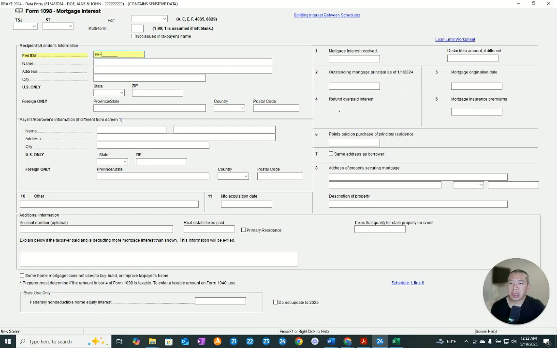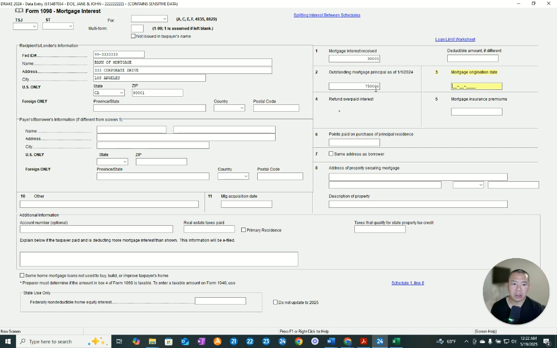What did I put? 9912. Yes, I made up this fake bank. The computer remembers it. Mortgage interest, we put 30,000, with a $750,000 loan limit. This amount isn't really that big.